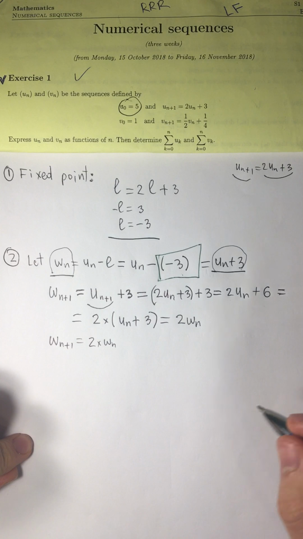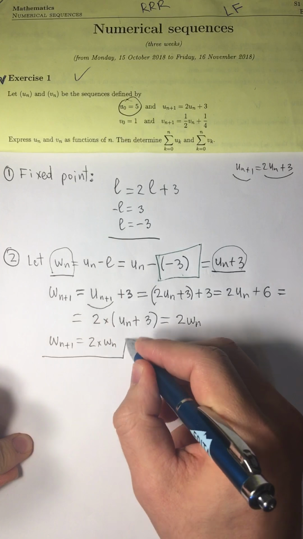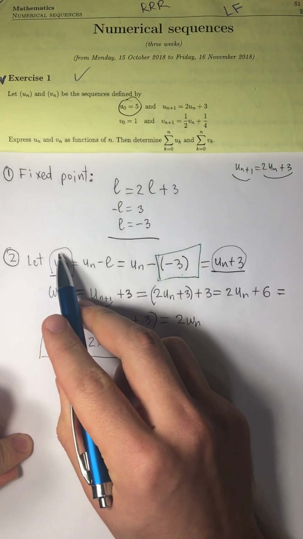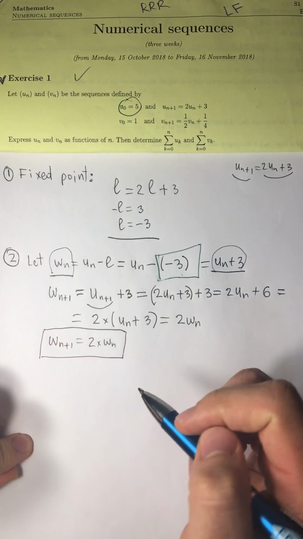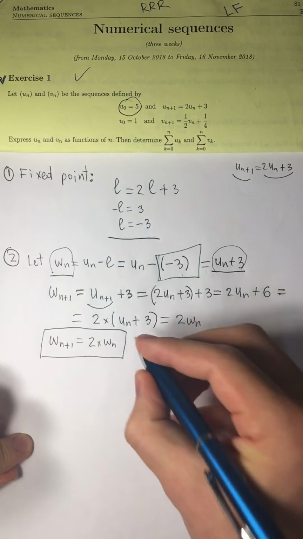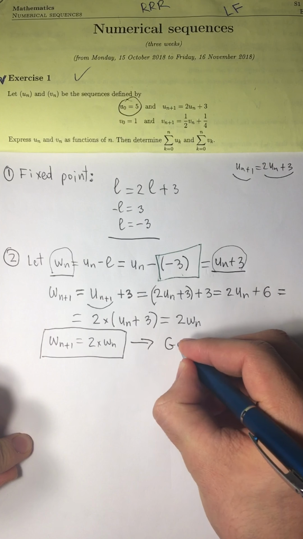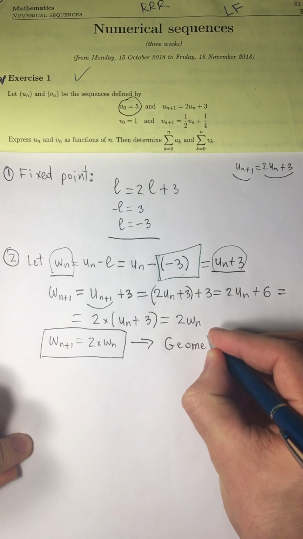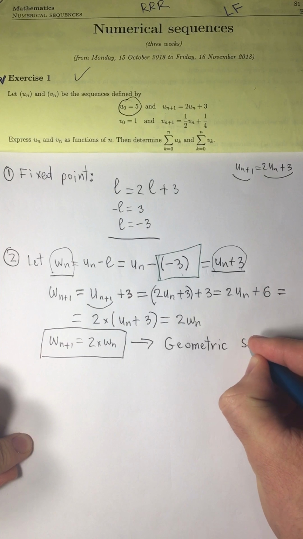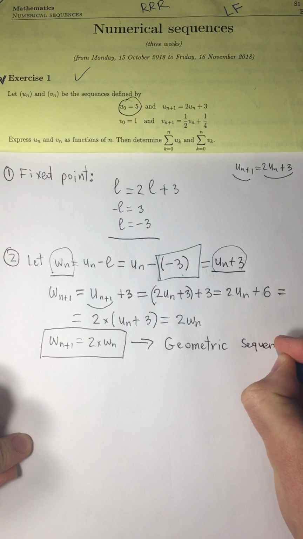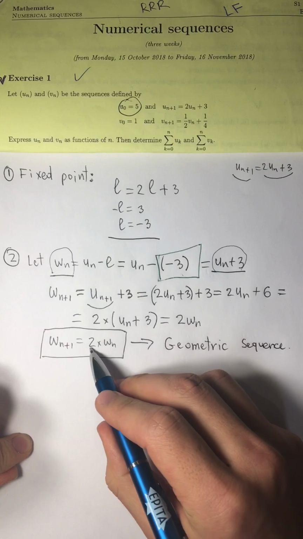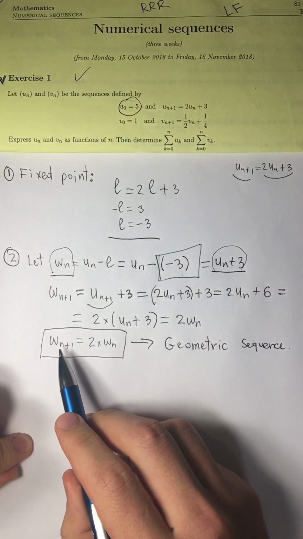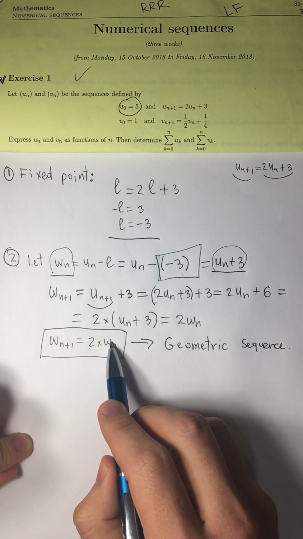This is what we wanted, because this is important. This means that the sequence is a geometric sequence. You might ask why, because I'm gonna write geometric sequence. It's an important part. You might ask why, because this is the common ratio. If you want to find this term, you multiply the previous term by 2.